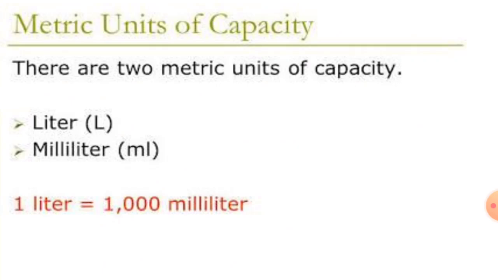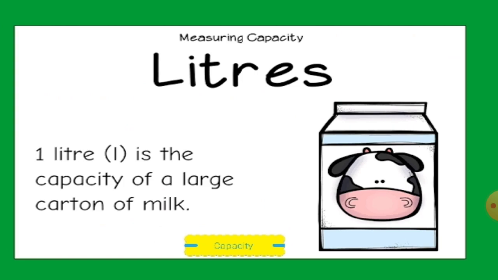Units of capacity. There are two metric units of capacity: the litre, which is written as L, and the milliliter, which is written as ml. 1 liter is equal to 1,000 milliliters. 1 liter is the capacity of a large carton of milk, like your Hollandia yogurt, or even your Chi Exotic juice.